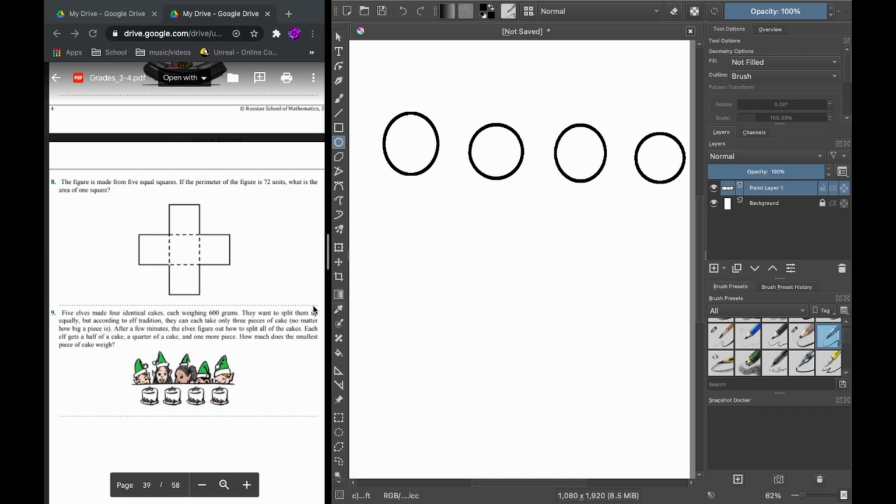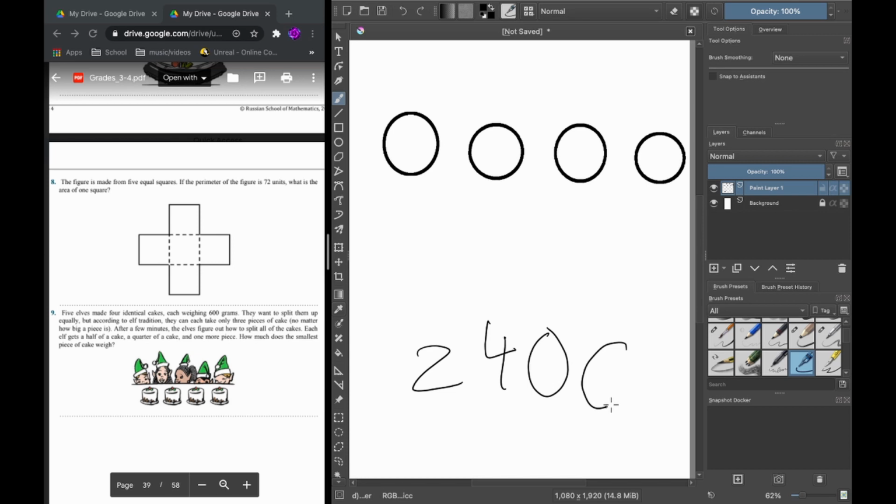But yeah, since we have all this information, we know that these cakes each weigh 600 grams. So the whole thing is 2,400 grams.